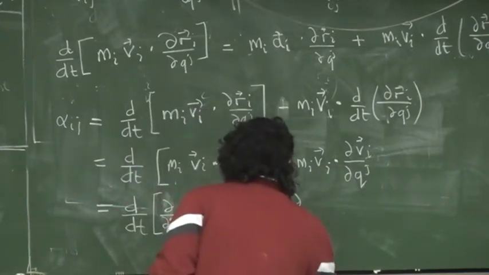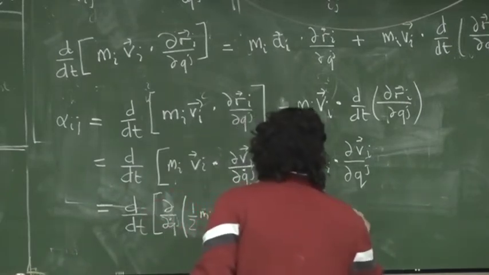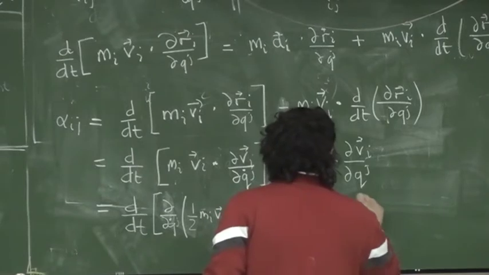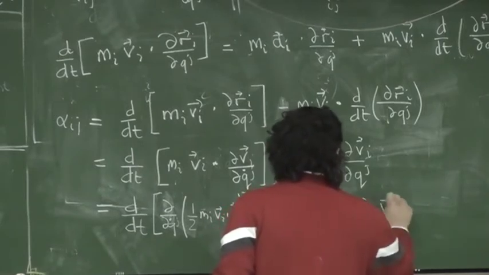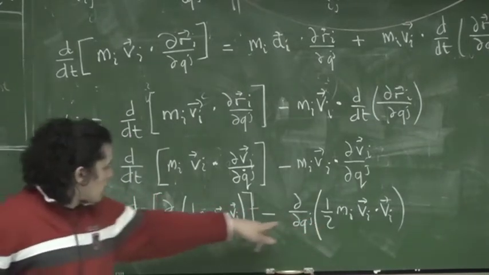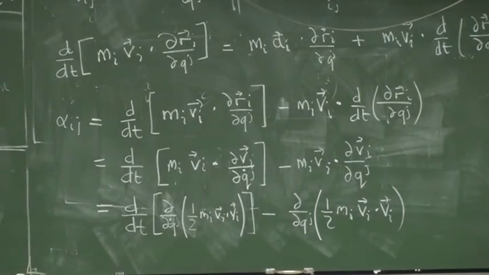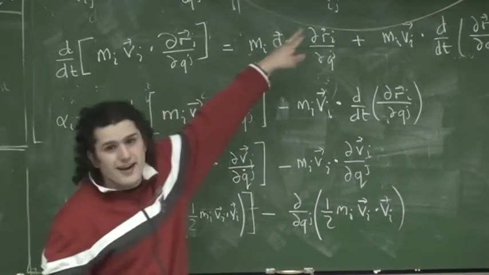Del by del qj half mi vi dot vi. Well, that quantity has come up twice now. It's almost like the kinetic energy, except the kinetic energy is summing it over i. So that's fine. We are going to sum it over i, aren't we?